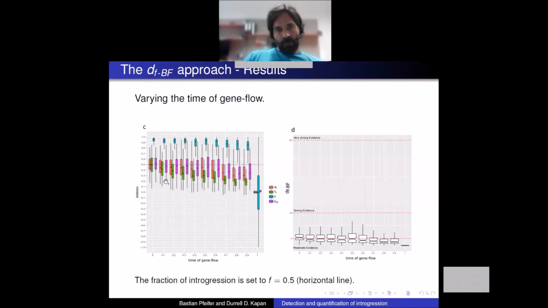As you can see, competing methods like Patterson's D in blue or the FD statistics in green are quite affected by the time of gene flow, whereas DF and the model parameter DF theta are quite robust. And again, here on the right side, the corresponding Bayes factors.